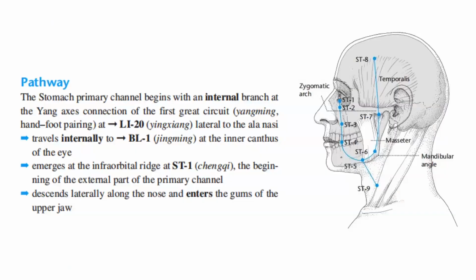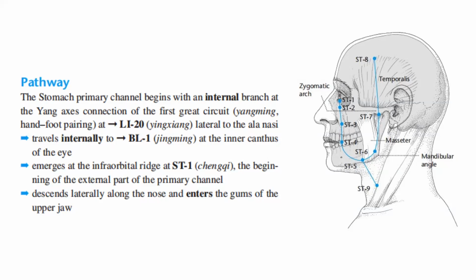So let us now review or discuss in more detail the very complex pathway of the stomach. The stomach primary channel begins with an internal branch at the yang axis connection of the first great circuit, Yang-Ming hand-foot pairing at LI20, lateral to the ala nasi, then travels internally to Bladder 1 at the inner canthus of the eye, emerges at the infraorbital ridge at Stomach 1, the beginning of the external part of the primary channel.